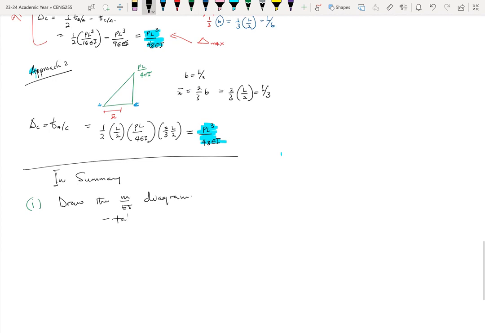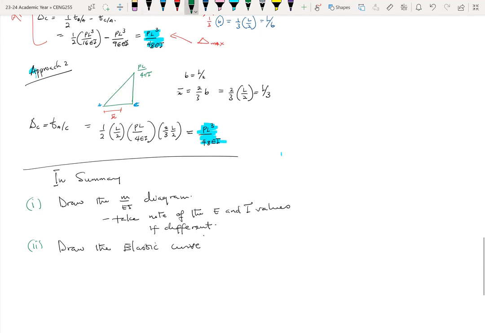So take note of the E and I values if different. Okay. Then two, you draw the elastic curve, and you indicate some of the tangents and all of that.